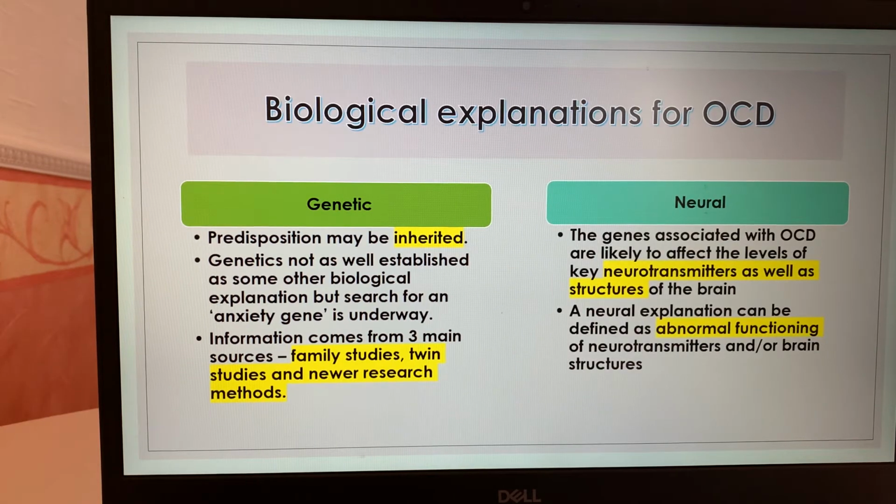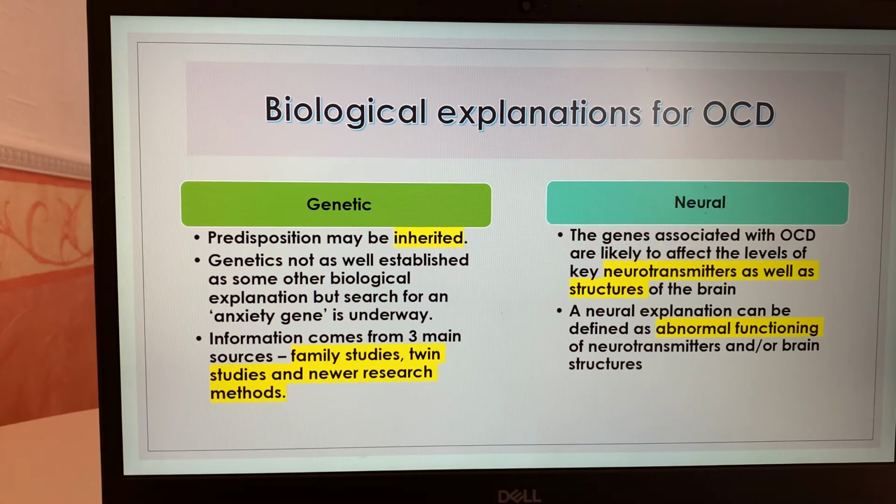We've also got a neural perspective here. So this is the genes associated with OCD are going to affect neurotransmitter levels as well as brain structures. So it's defined as an abnormal functioning of neurotransmitters like serotonin and abnormal functioning of brain structures.